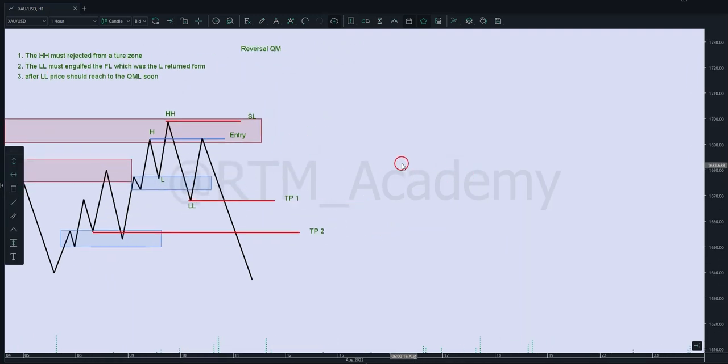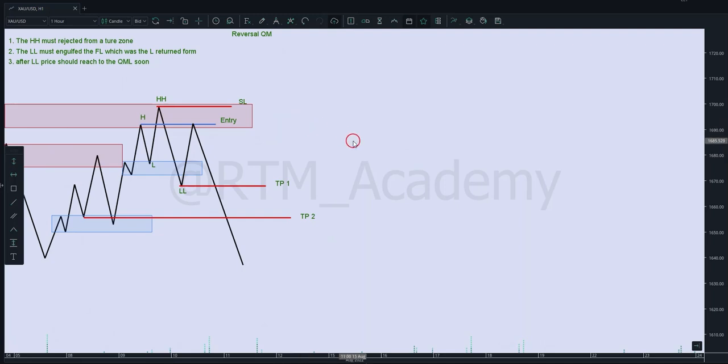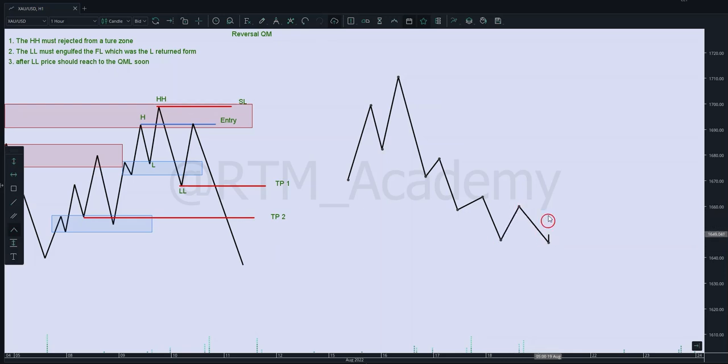So let me draw another schematic for this one. Imagine that here we have a QM with high, low, higher high, lower low, but here price comes and doesn't reach our QM level soon, and after a while price reaches our QM level.